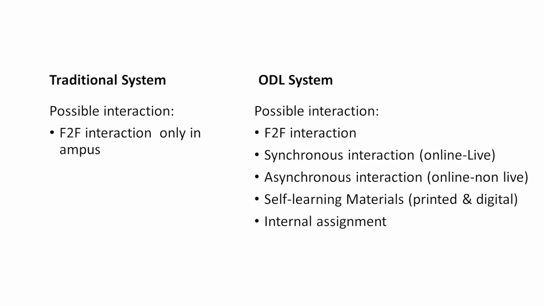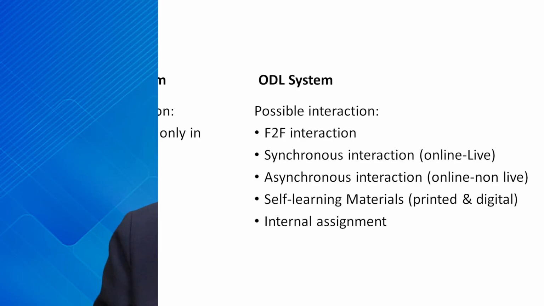Asynchronous online is non-live, but it happens through the discussion forum in the learning management system. Self-learning material is very important in open and distance learning. Nowadays, institutions provide both printed and digital versions of the self-learning materials. And there is a scope of internal assignment also.